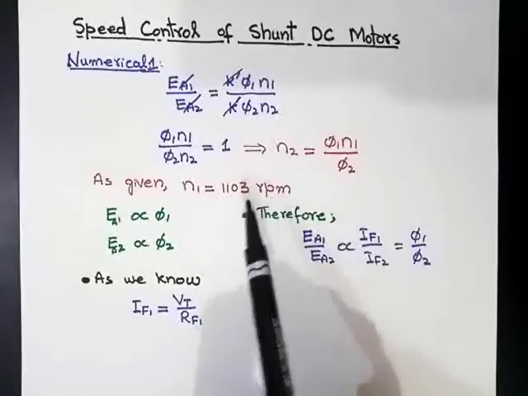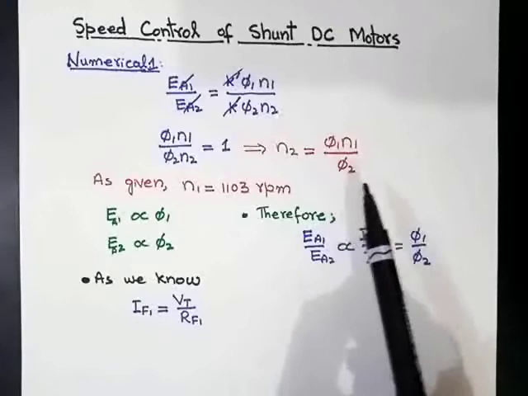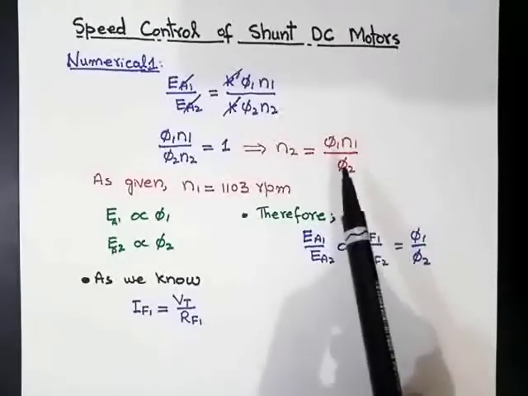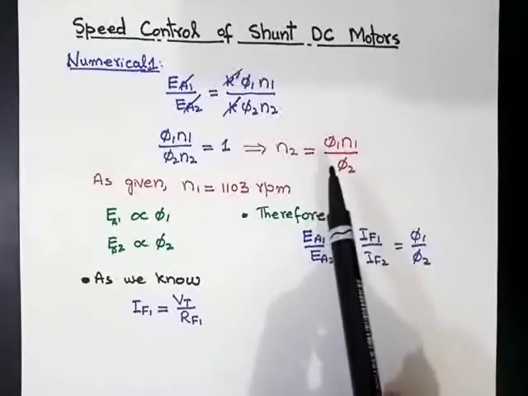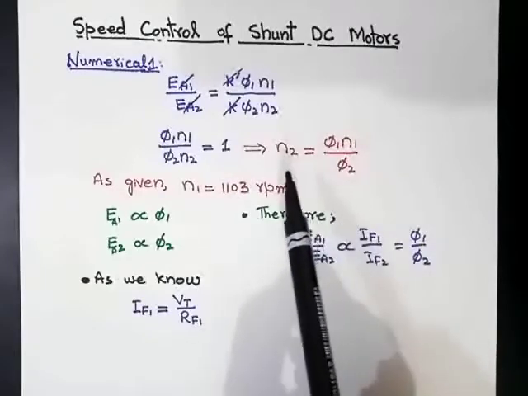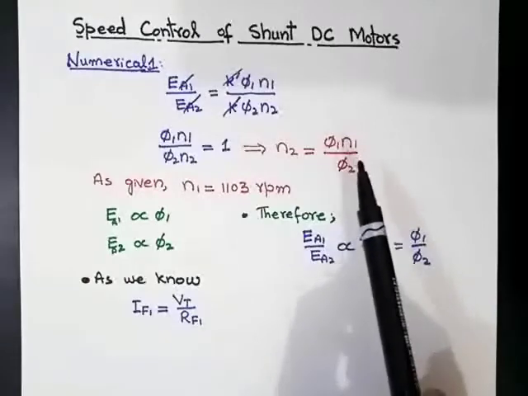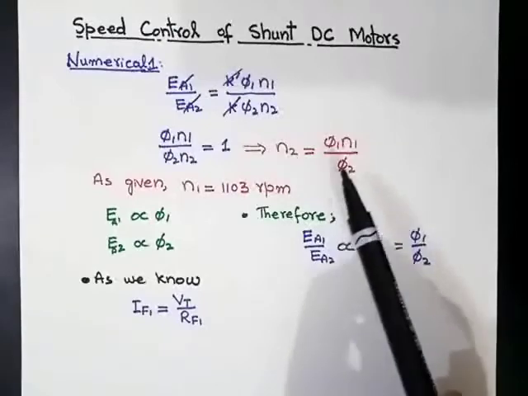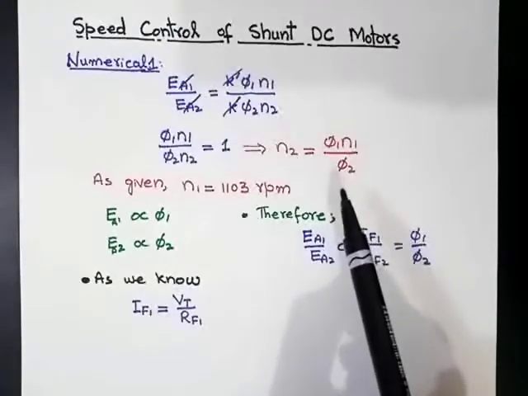The values of flux 1 and flux 2 are not given. So first of all, we will find the values of flux 1 and flux 2, then put them and N1 in this equation, and we will get the value of N2.